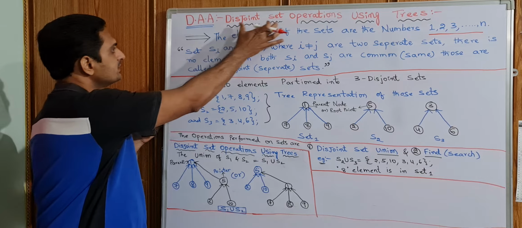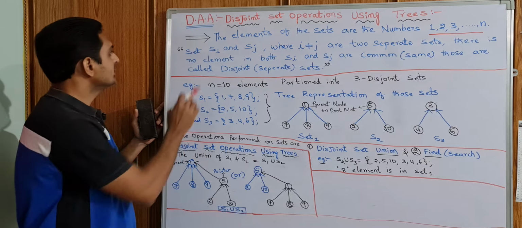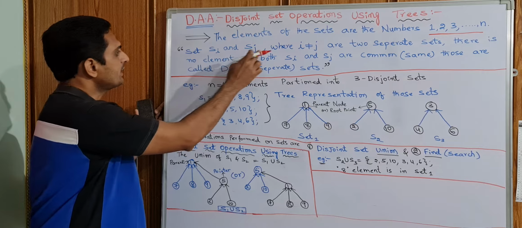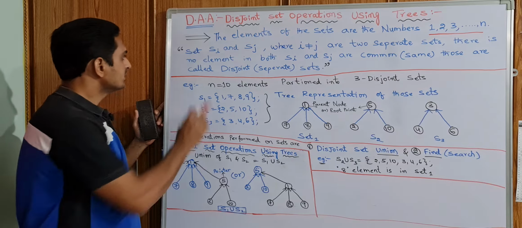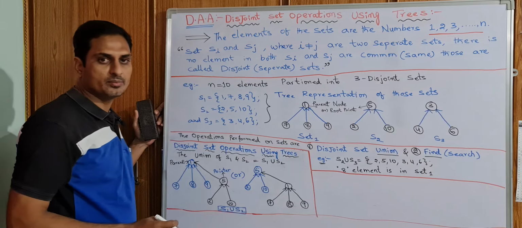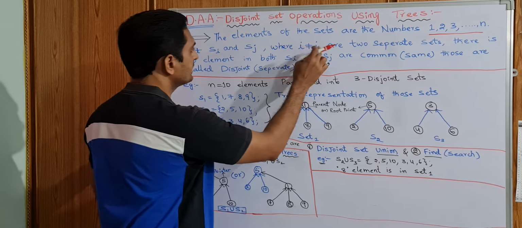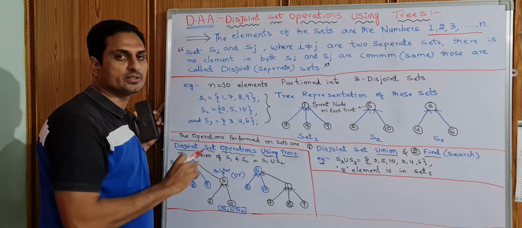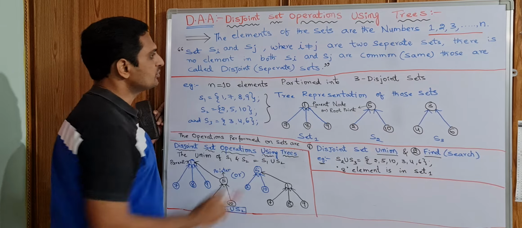The disjoint set definition is this: take sets Si and Sj, where i and j are variables and i is not equal to j.